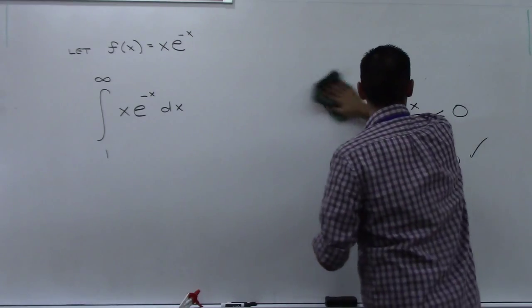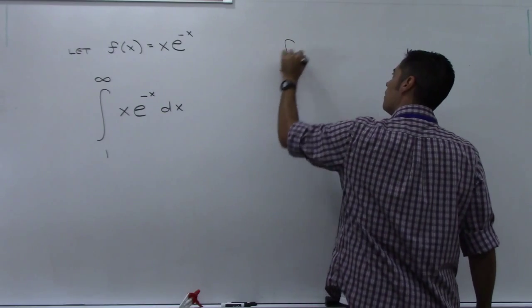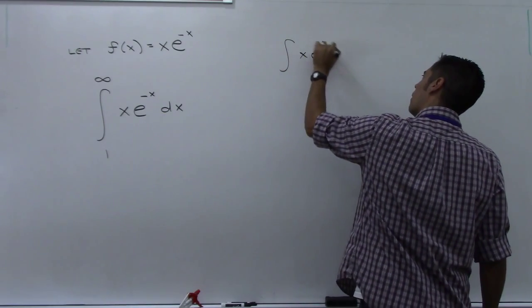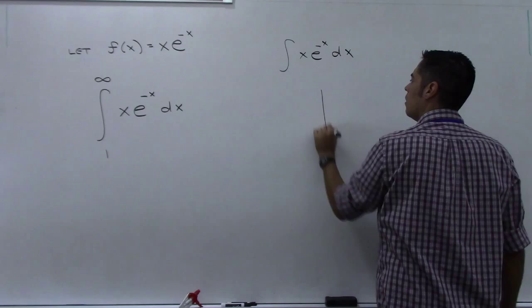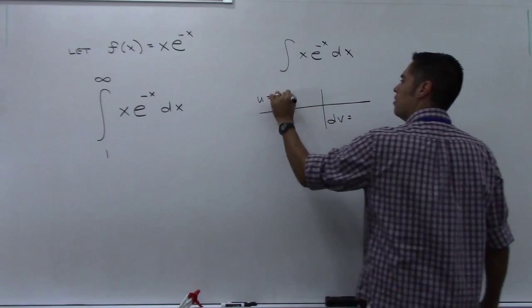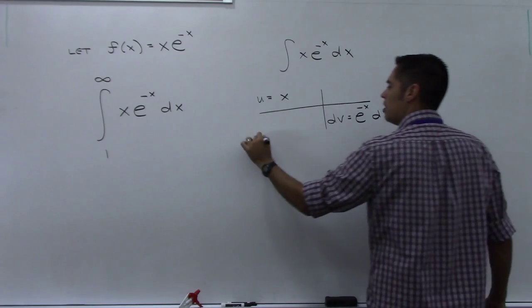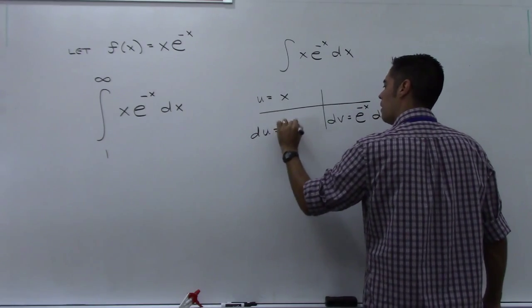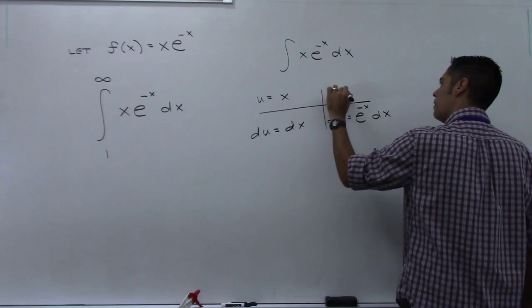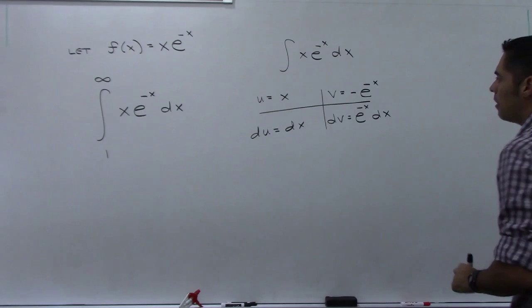I'm going to first just look at the indefinite integral over here. U dv: let u be x, dv be e to the negative x dx. Differentiate down, integrate up. Careful with that negative, you have to account for it.